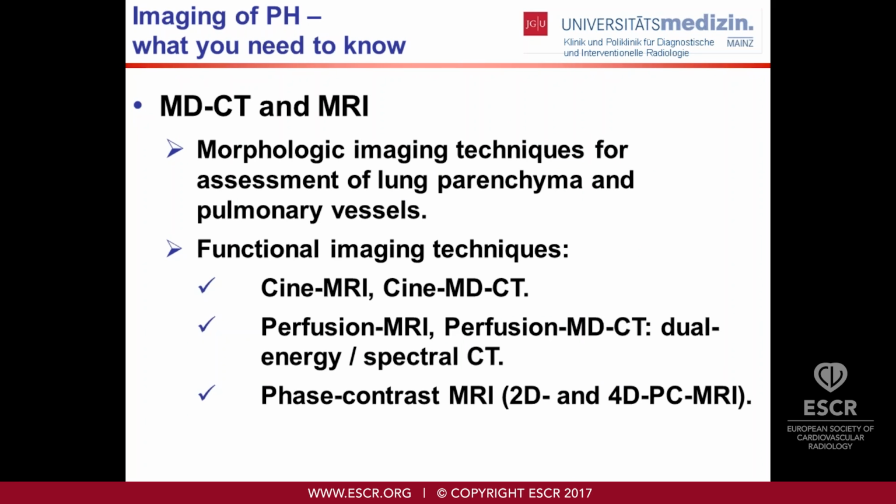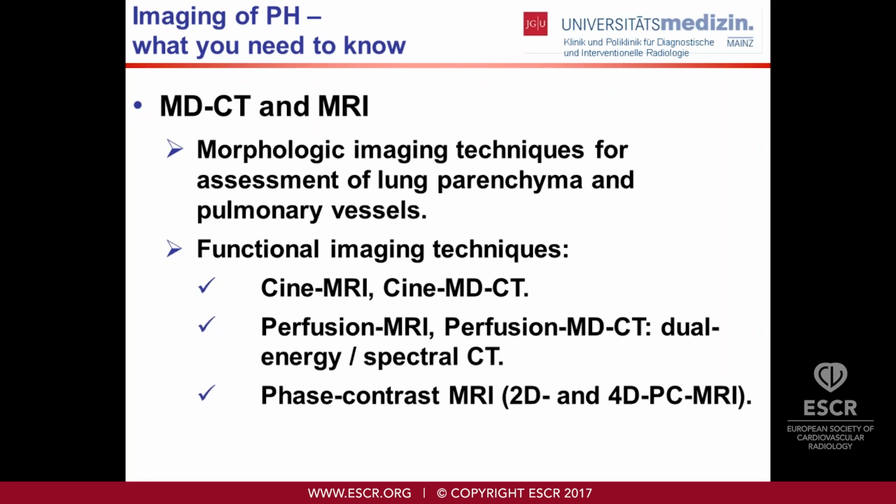CT gets a class 1 level C indication in the diagnostic workup of patients with chronic thromboembolic pulmonary hypertension, and it is only recommended as a high-resolution CT in all patients with pulmonary hypertension for the assessment of lung parenchyma.